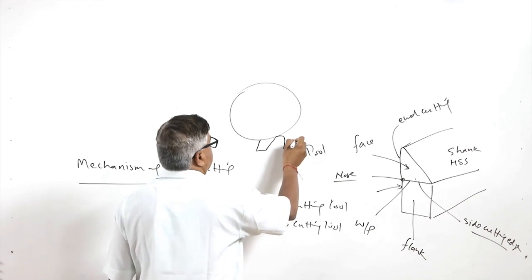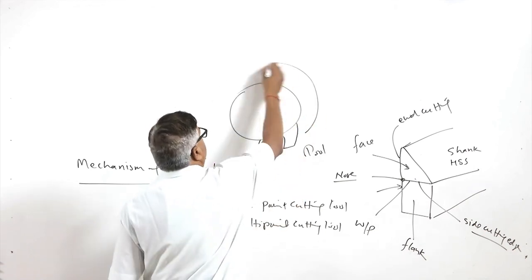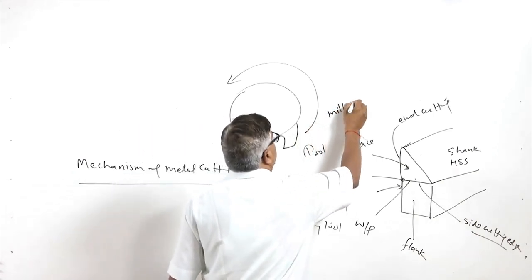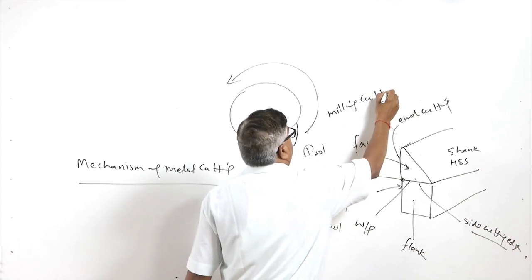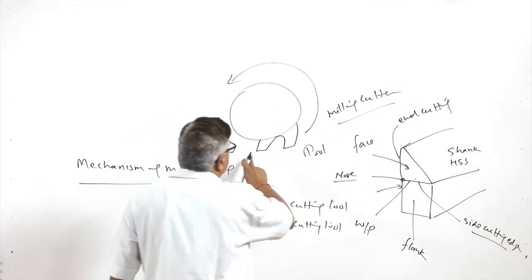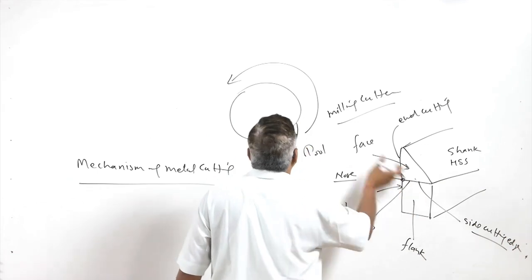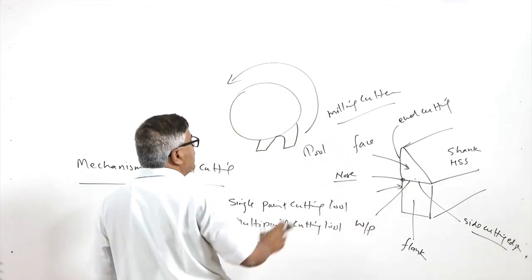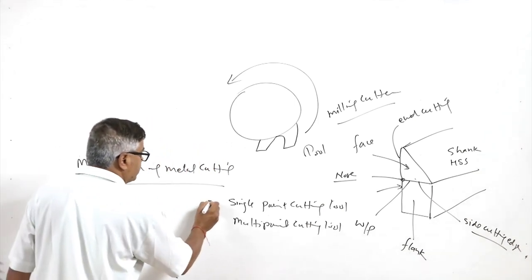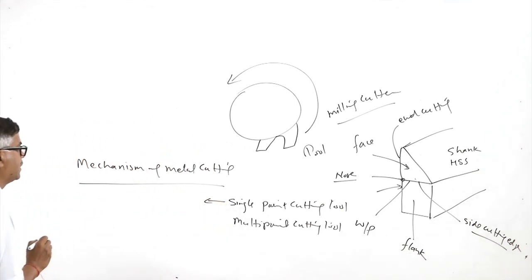Similarly, such geometries are created all around the periphery, say in case of the milling cutter. So, these features are repeated a number of times in the multi-point cutting tool.